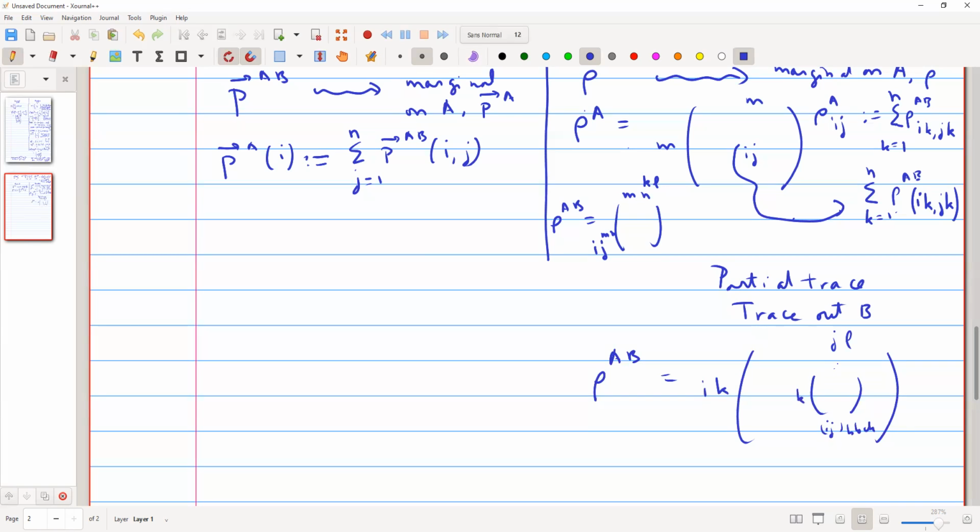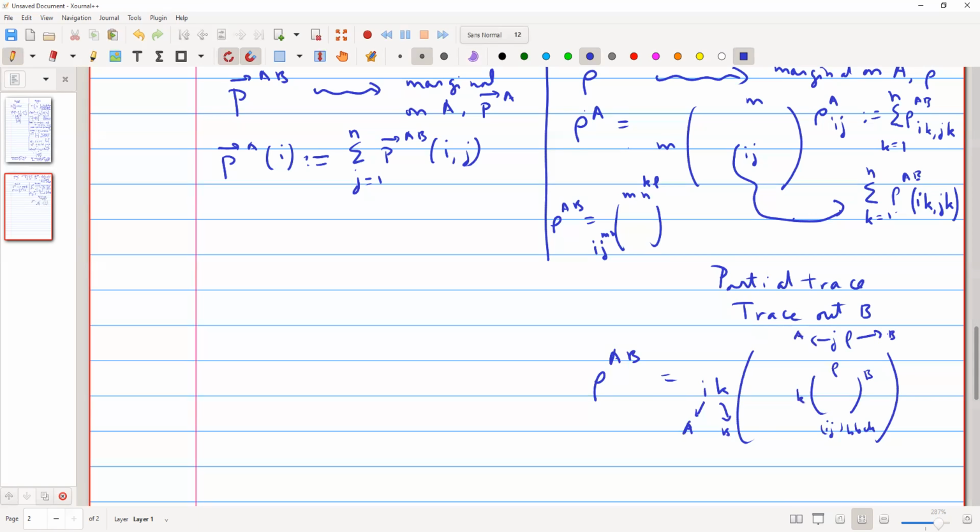This is over the system B, because remember k is a B index, i is the A index. Similarly, j is an A index and l is a B index. So maybe write it down: i is an A index, k is a B index, and similarly, the way I have defined the ordering in the tensor product, j is an A index, l is a B index.